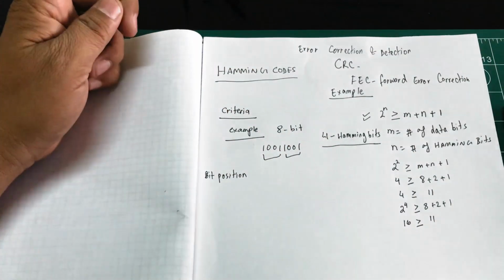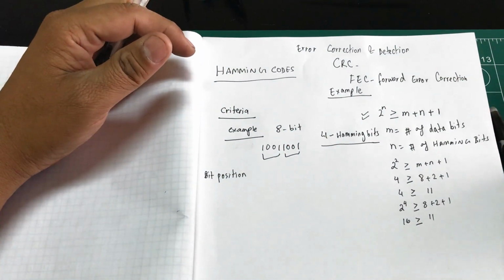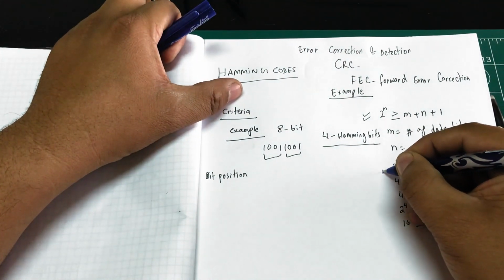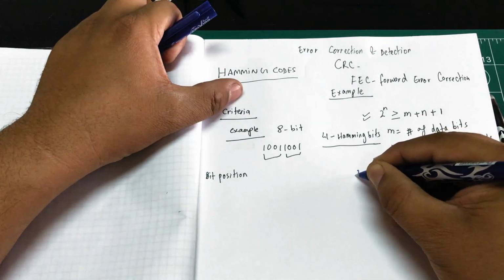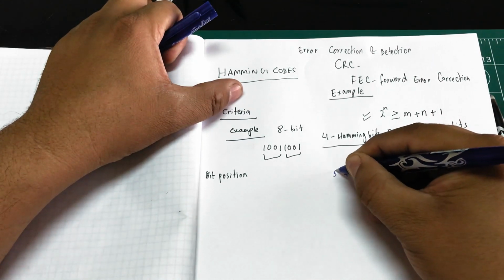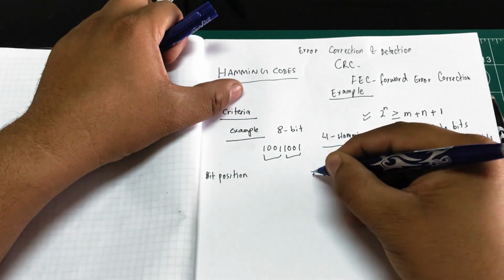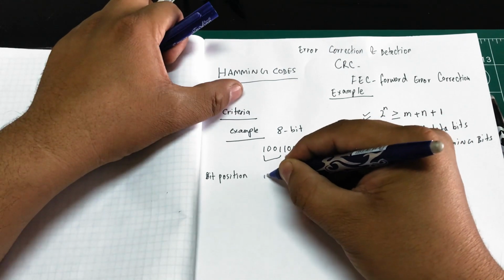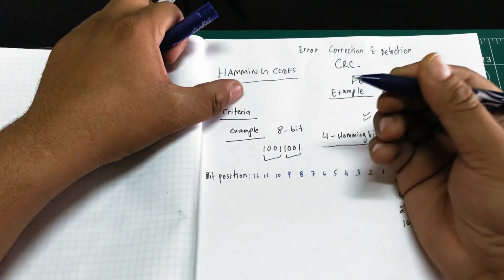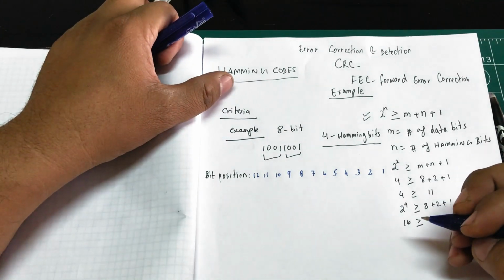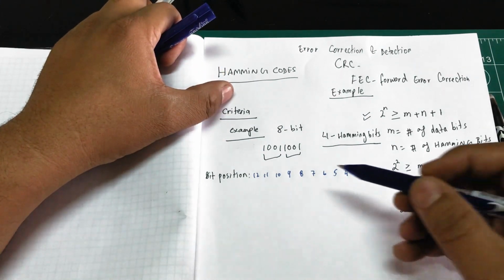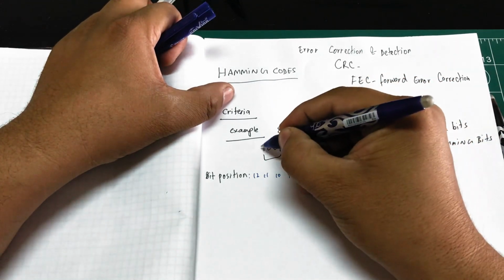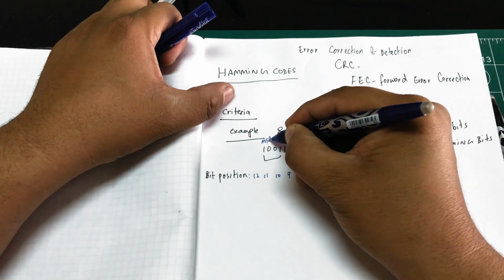So I'm going to write bit positions 1, 2, 3, 4, 5, 6, 7, 8, 9, 10, 11, 12. These are going to be my bit positions. I'm going to place my bits starting from the least significant bit all the way up to the most significant bit.